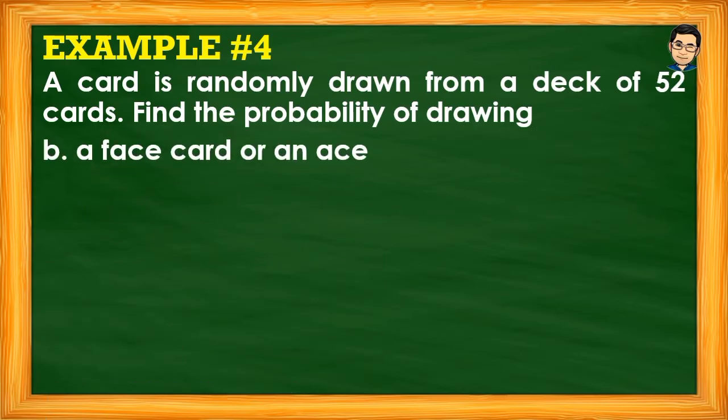So what about the probability of drawing a face card or an ace? Face card, ito po yung mga cards na may mukha, syempre. So yung mga cards natin na may face, ito yung Jack, Queen, and then King, di ba? So kada face card na yan, tiga-apat kasi apat yung suits.